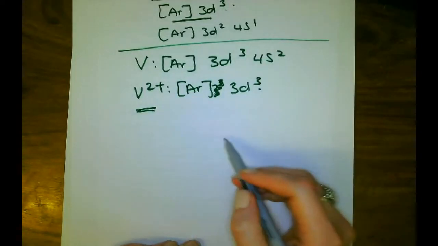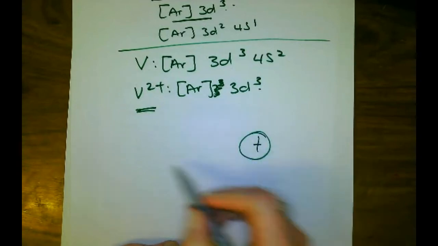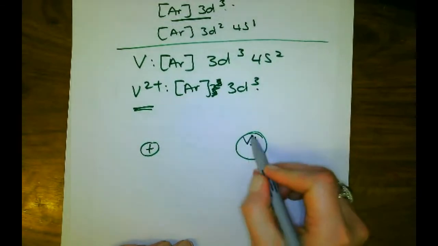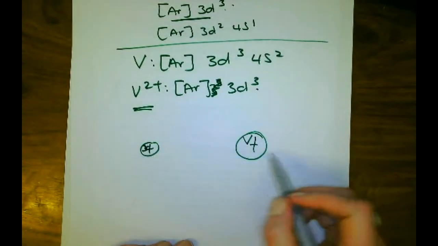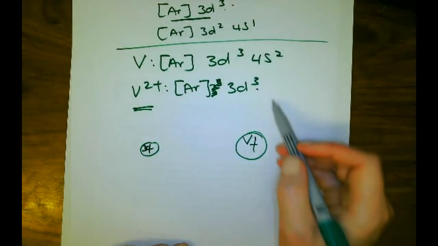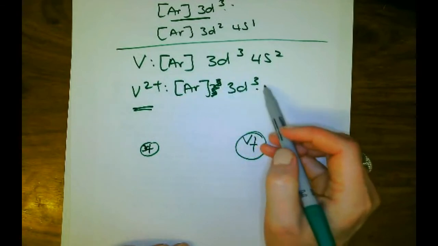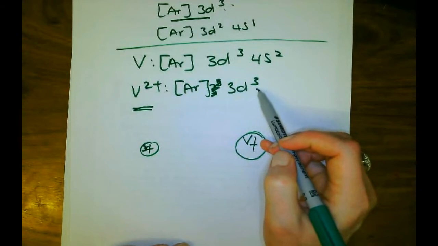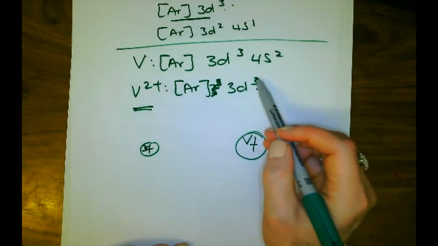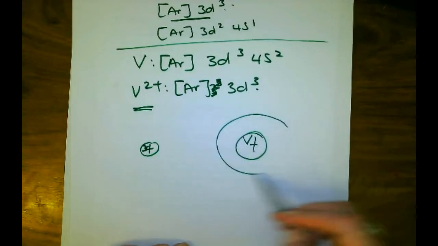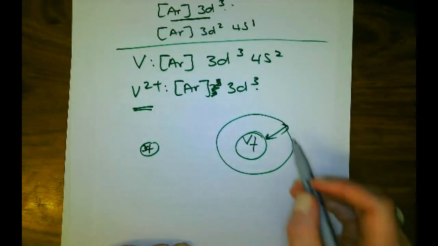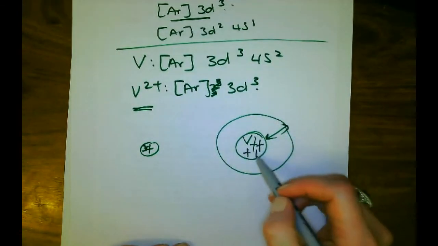So the nuclear charge of vanadium is higher than that of scandium. So your positive-negative attraction for vanadium is going to be much larger. So even though we now put the electrons in a lower energy orbital but with more repulsion, you are going to get stabilization because of the positive-negative attraction.